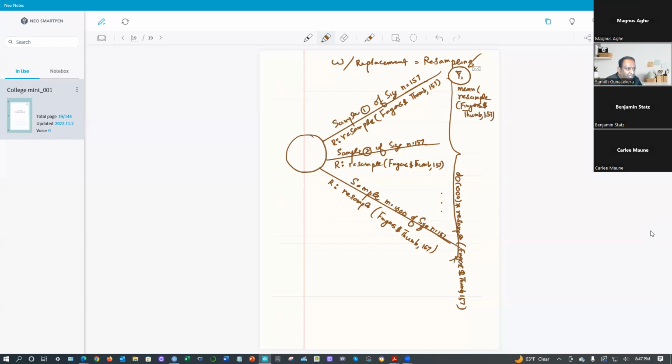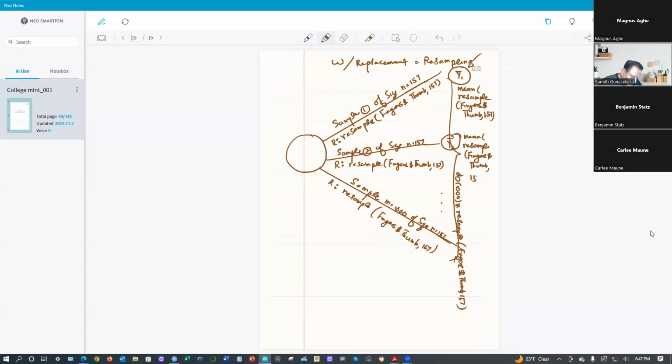That's y bar 1. If you want y bar 2, it's the same thing: mean of resample fingers, thumb, size 157.